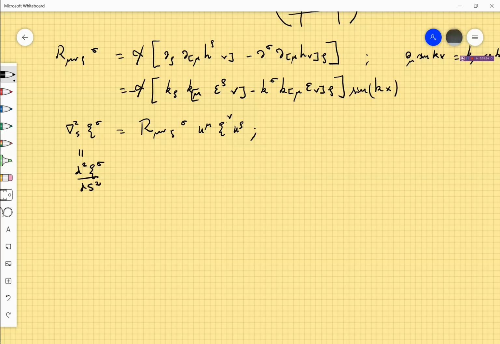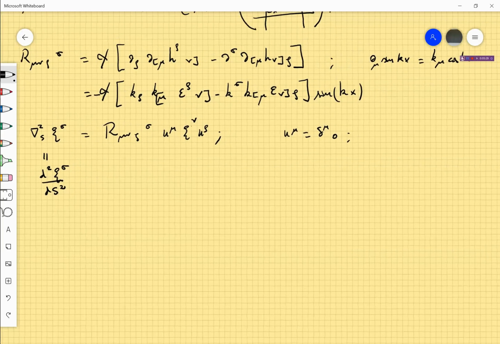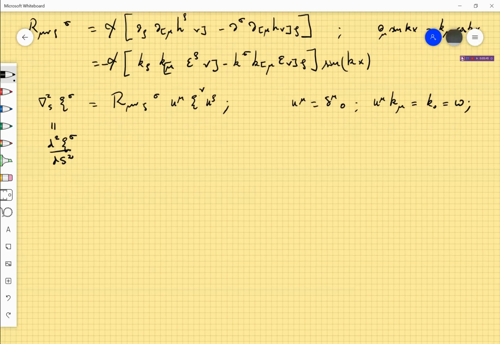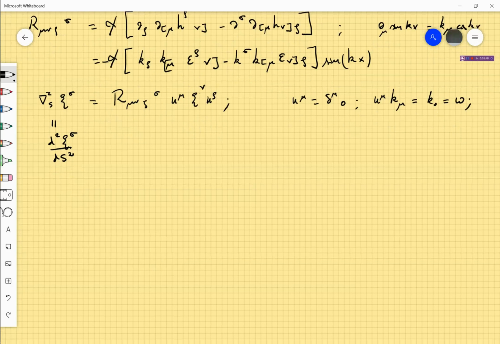And the second thing that happens in this freely falling system is that u mu only has a zero component, so it's just delta mu 0. So if we have to compute products of u mu and k, with the choice of k that we have made, this is just omega, which was the zero component of k. This would be k0, and this is just omega.